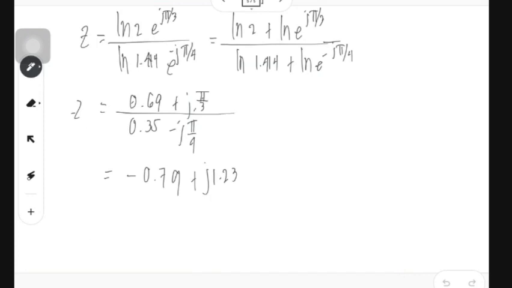Kaya ba ito ng calculator? Pwede bang calculator directly? Subukan nga ninyo. Naka-exponential. Palagay ko kaya eh. Please try.